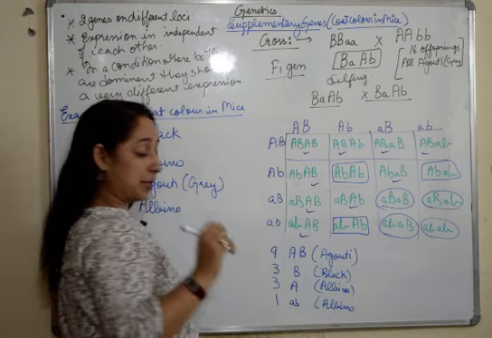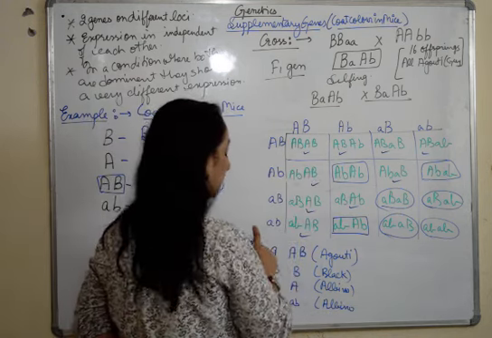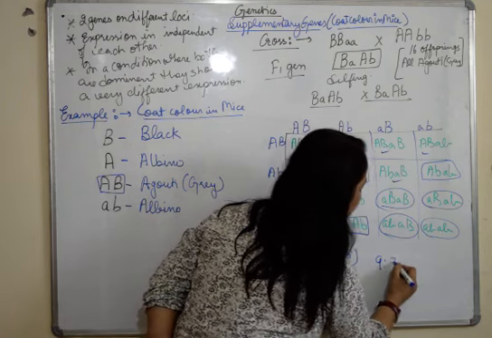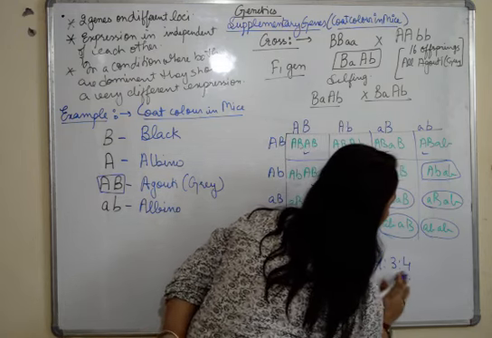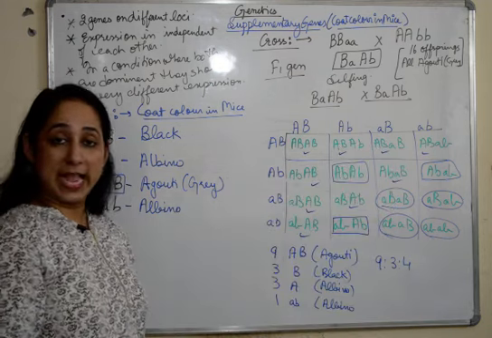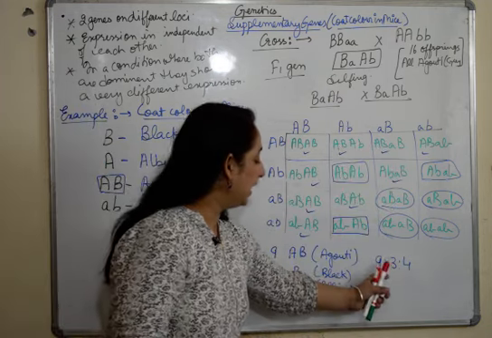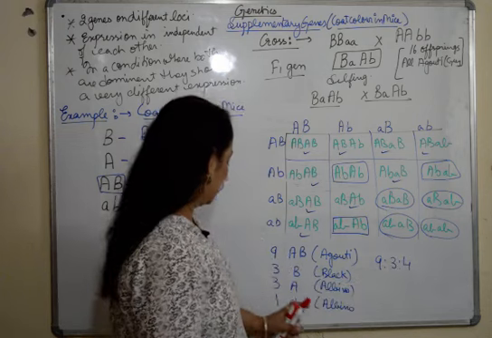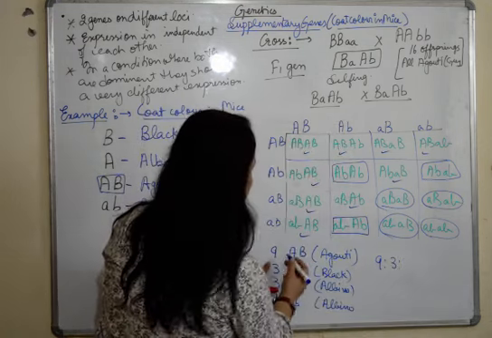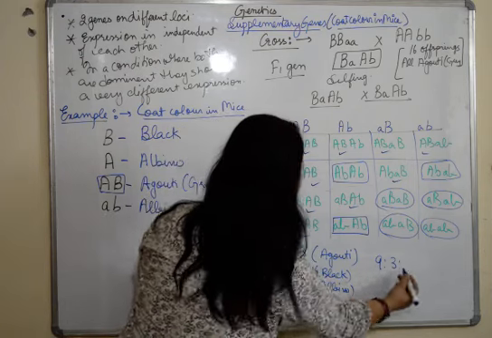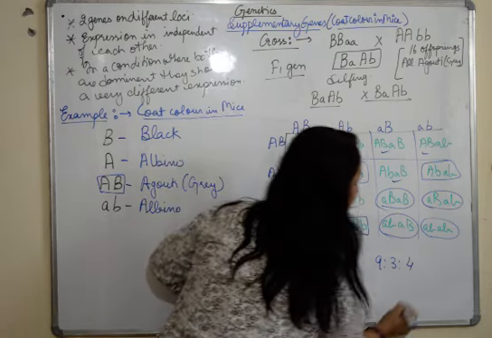So the ratio for supplementary genes would be 9:3:4. Why? 9 agouti, 3 black and 4 albino.